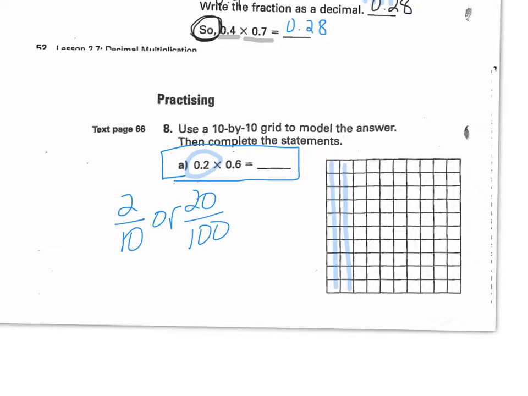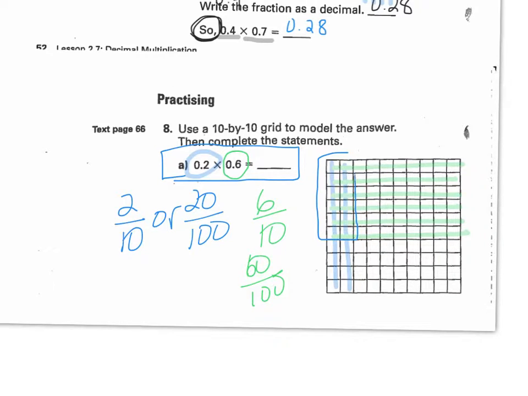Now I'm going to multiply by 0.6, which means 6 rows or 60 units. I'm going to show it with 6 rows. 1, 2, 3, 4, 5, 6. Now I'm going to look at what overlaps.